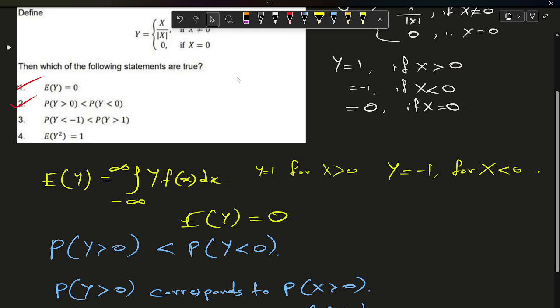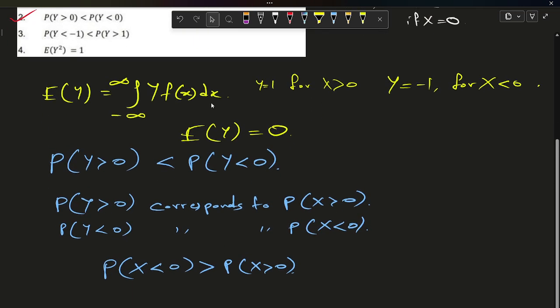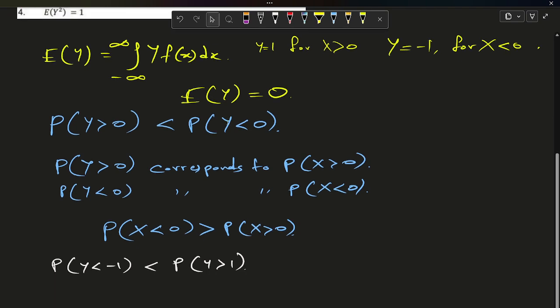Now we have to evaluate options 3 and 4. Option 3 says probability of y less than minus 1 is less than probability of y greater than 1. This is not possible because y belongs to minus 1, 0, 1.